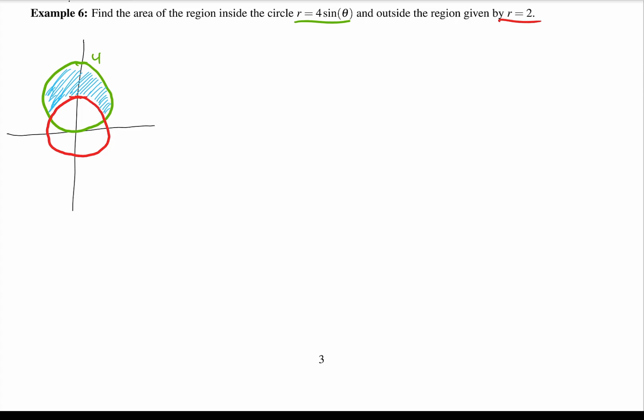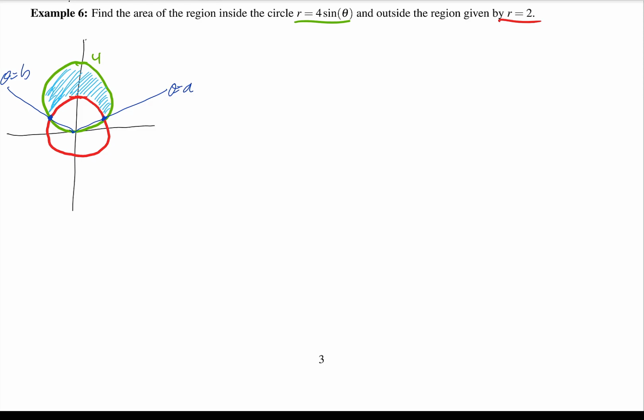My rays for theta are going to be wherever these intersect. So this would be my theta equals A, and this is going to be my theta equals B. Now, to cut down some of the work, I'm going to notice that this region is symmetrical about the y-axis.